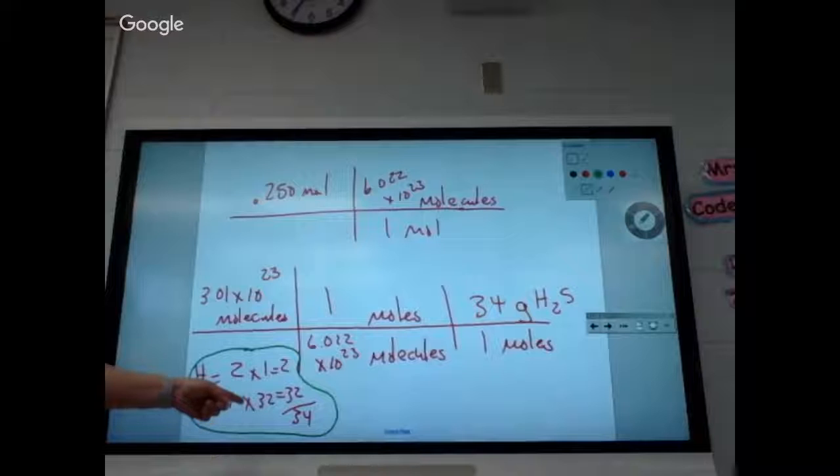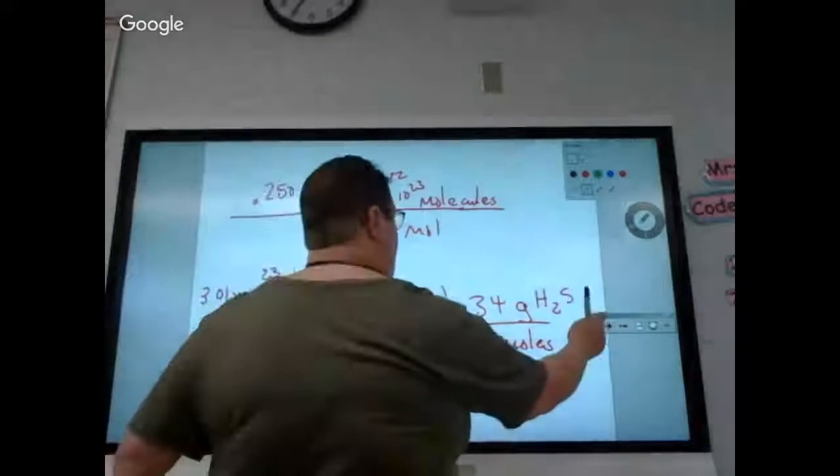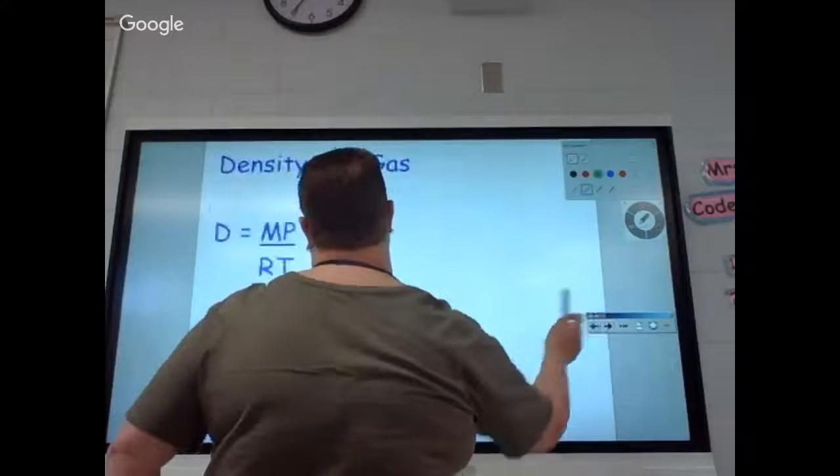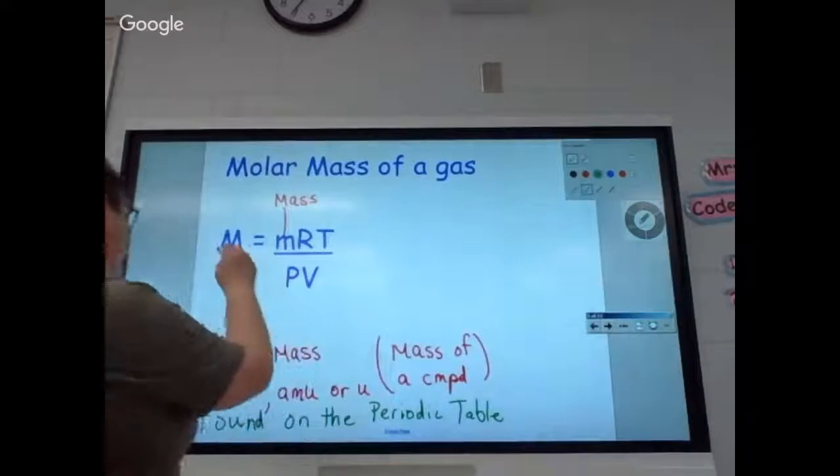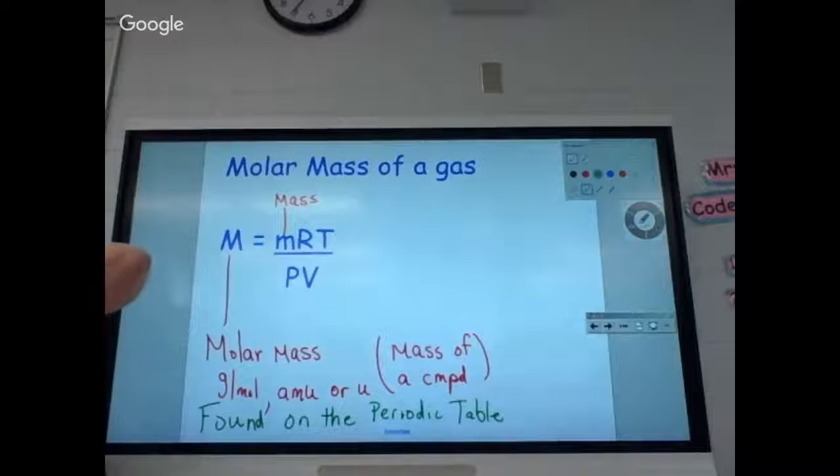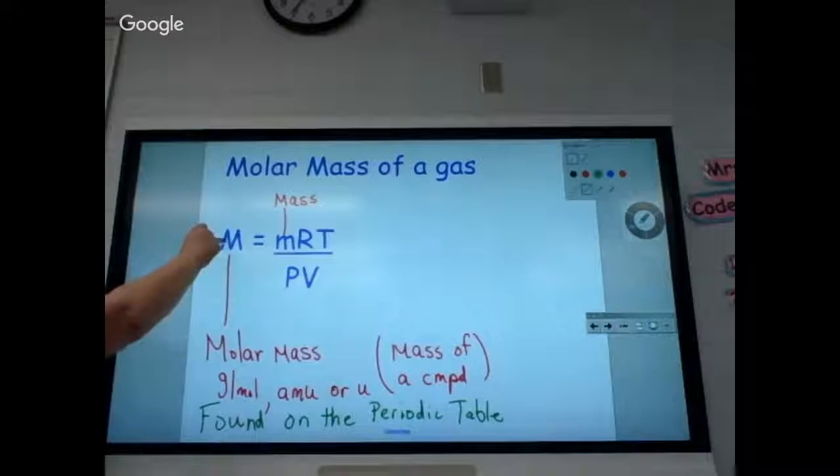We got that information from where? The periodic table. So when we do this number right here, we're going to get that number off the periodic table if they give us an element or a compound. If they don't give us an element or a compound, we can't look it up on the periodic table.